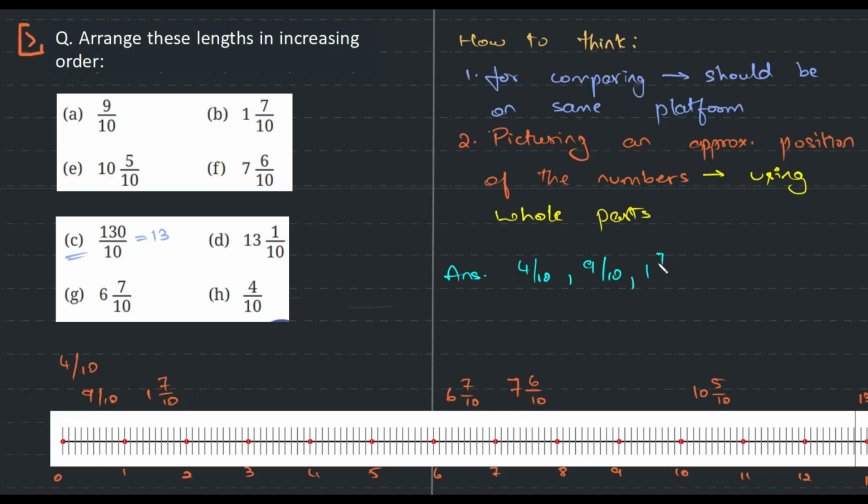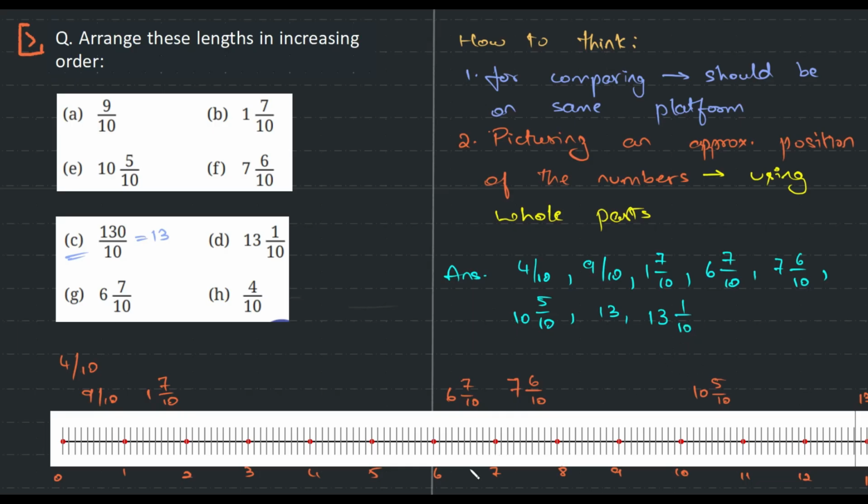Then 1, 7 by 10. So you can see that just by using integers, I'm able to figure out. I need not even look at the tenths part, because 1 is clearly lesser than 6, which is lesser than 7, which is lesser than 10, so on and so forth. So 6, 7 tenths, 7 and 6 tenths, 10 and 5 tenths, 13, 13 and 1 tenth, right?